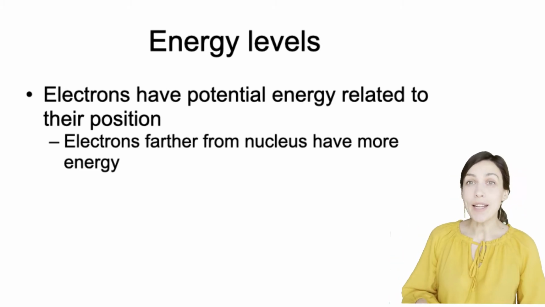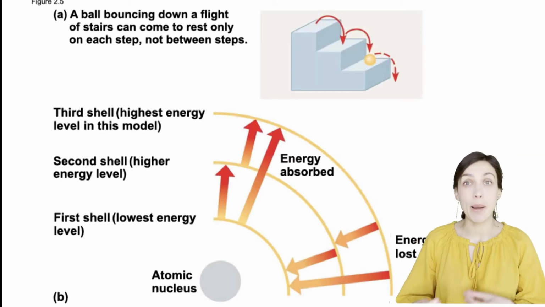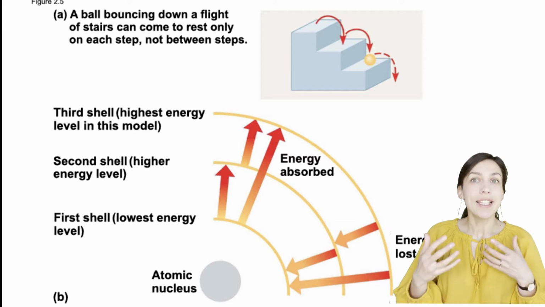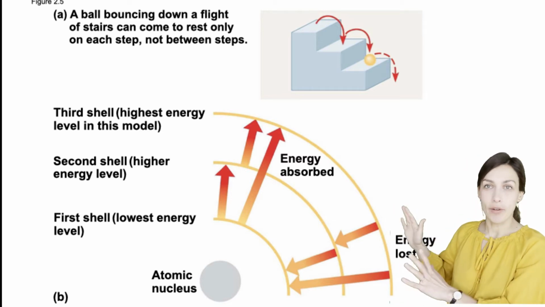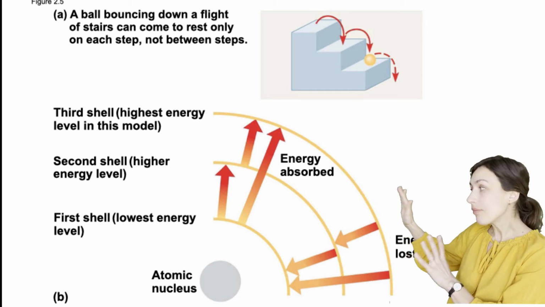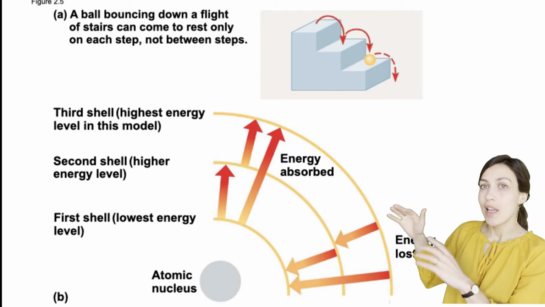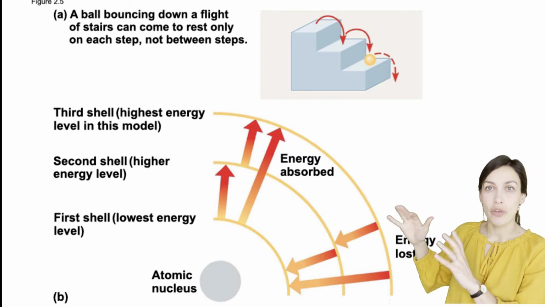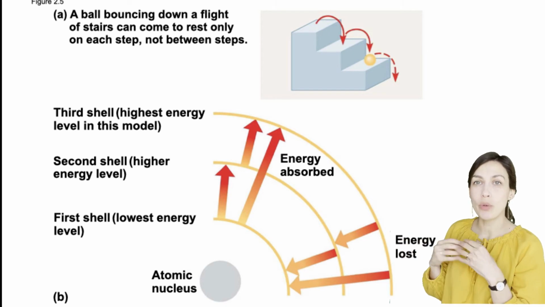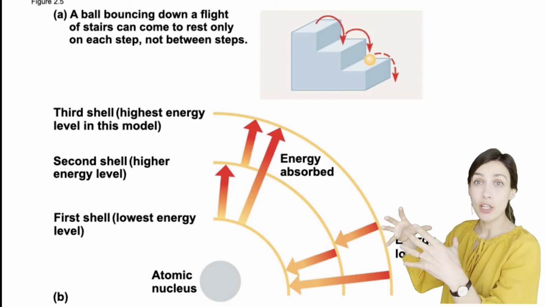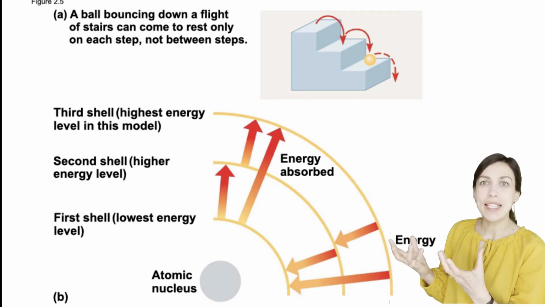But when atoms gain electrons or lose electrons, like when they become ions, the electrons will generally change position. So as this diagram is showing us, the electrons cannot be in between, like have 50% of the energy of a certain level. In order for electrons to move to a higher or bigger energy level, they need to be given energy.